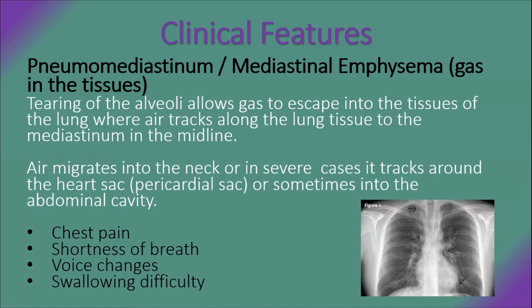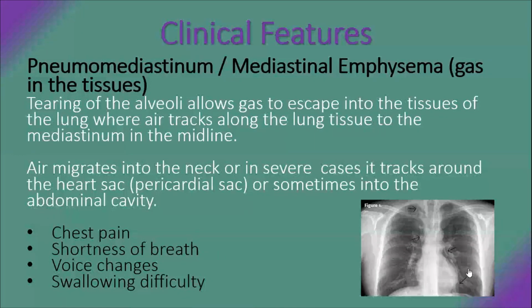Air migrates into the neck, or in severe cases it tracks around the heart sac, or sometimes into the abdominal cavity. Some clinical features include chest pain, shortness of breath, voice changes, and swallowing difficulty. In this specific case, it might take some time for the symptoms to develop because the air migrates very slowly through the tissues.